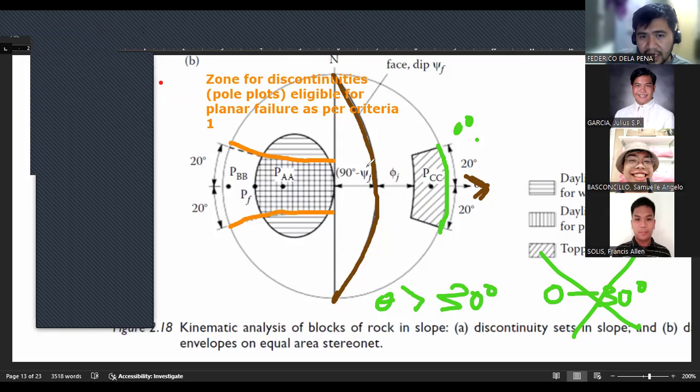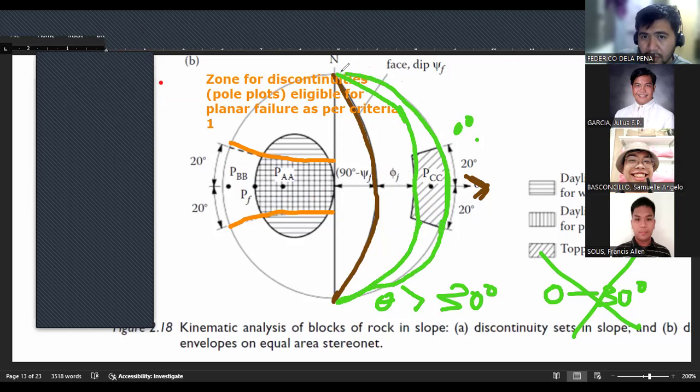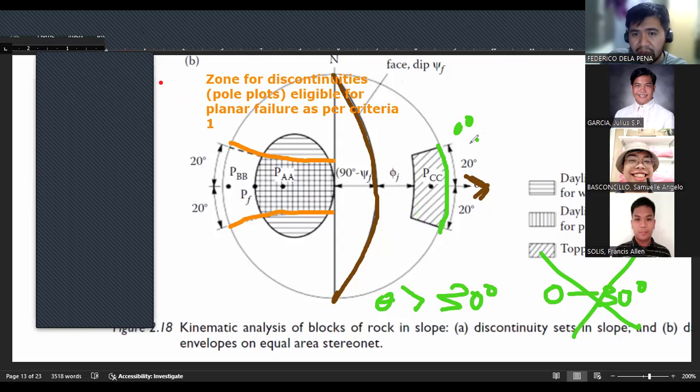Somewhere here is, I think, one third. This is probably your 30 degrees zone. So this zone is between 0 to 30 degrees. Let me redraw that. I'm just going to draw again the zone for criteria 2 in terms of the arc plot.